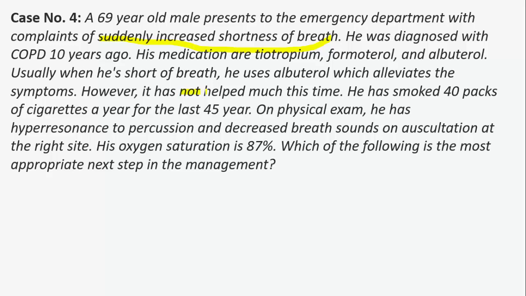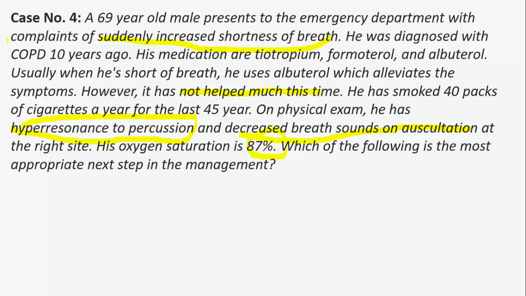However, this time it did not help much. He has smoked 40 packs of cigarettes a year for the last 45 years. On physical exam, he has hyperresonance to percussion and decreased breath sounds on auscultation on the right side. His oxygen saturation is 87%. What is the next appropriate step?